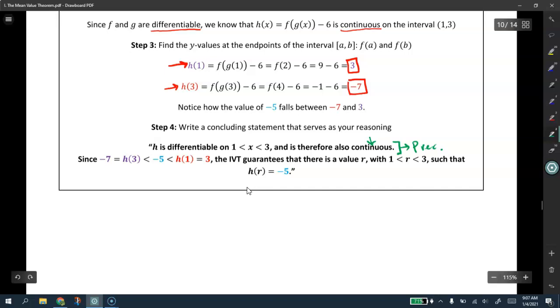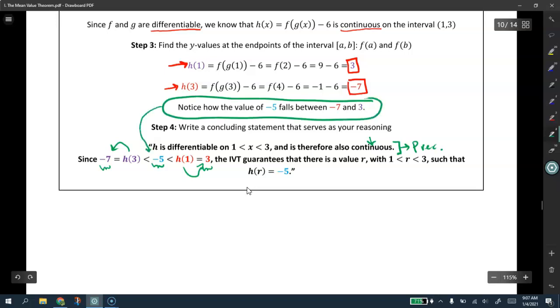So now, we say that the number -5 is between -7 and 3. But the specific way we say it is we say h of 3 is equal to -7 and h of 1 is equal to 3, right? So, I mean, it's really just saying this right here. Please realize that.